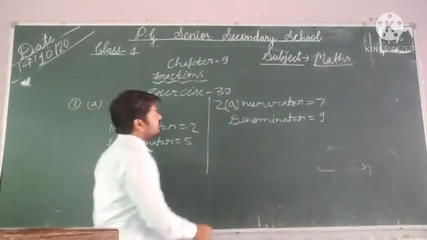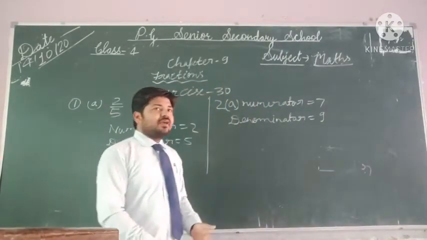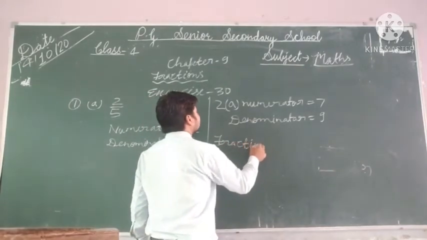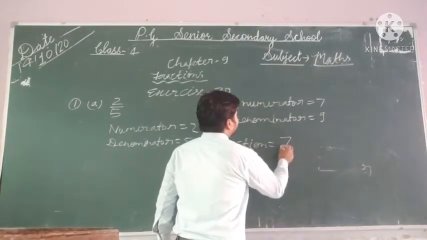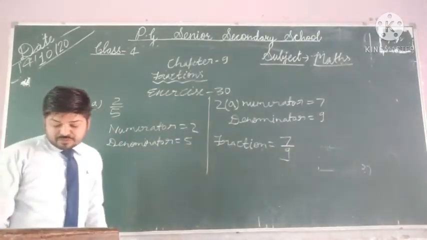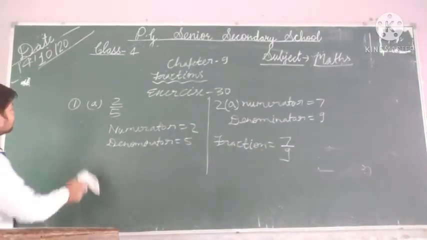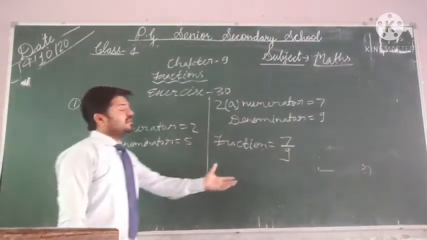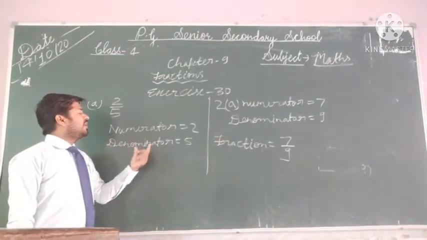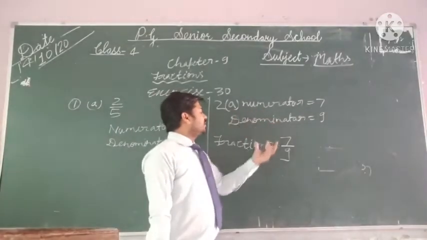How will you write the fraction? The numerator will be upside and the denominator will be downside. So you have to write your fraction equal to 7 upon 9. So like this you can do question number 2. In the first question you only have to tell the numerator and denominator. In the second question, numerator and denominator are given, you have to write the fraction.